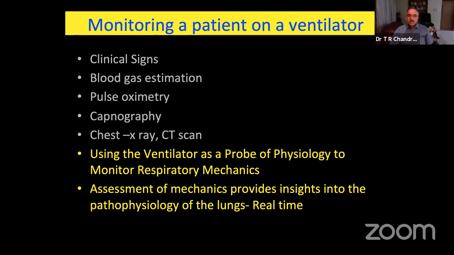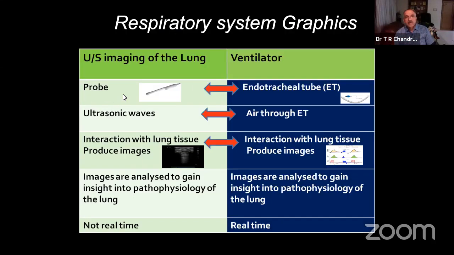See, if you compare a lung ultrasound and a ventilator, the endotracheal tube is like a probe, and the ultrasonic waves are like the air going through. Now it meets the tissue and you get images. Here you get the graphs, and if you know how to analyze them, you know the pathophysiology of the lung, and it's real time. That's the beauty of this.